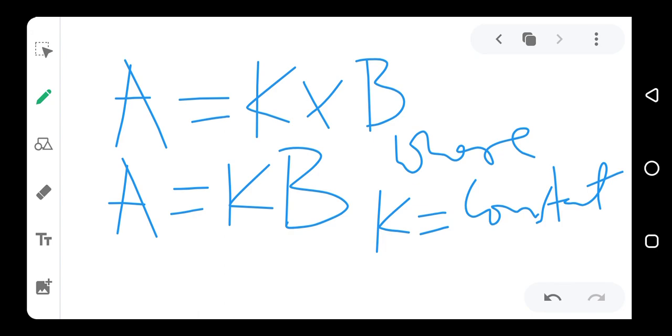Now you have removed the sign of proportionality.